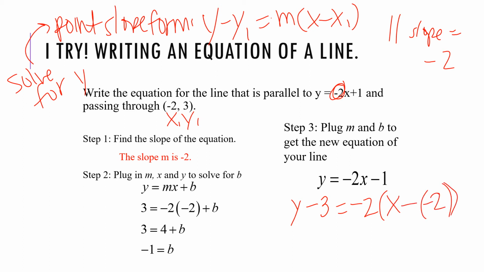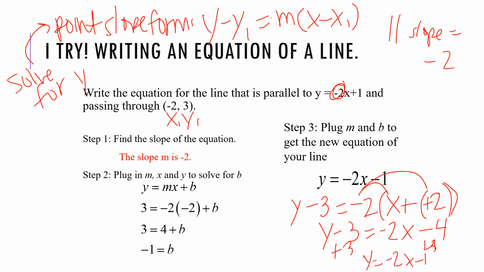So this changes to plus a positive because it's a double negative. And then I'm going to distribute the negative 2, so y minus 3 equals negative 2x minus 4. And then we would add 3 to both sides, and we would get y equals negative 2x minus 1. So same answer. Personally, the point slope form in my mind is easier, but that is up to you.